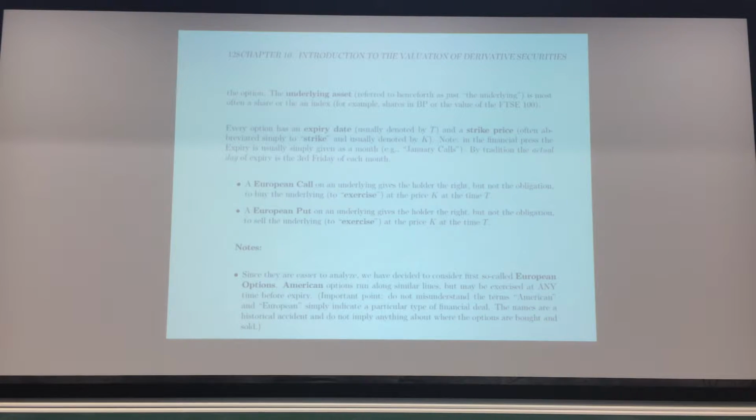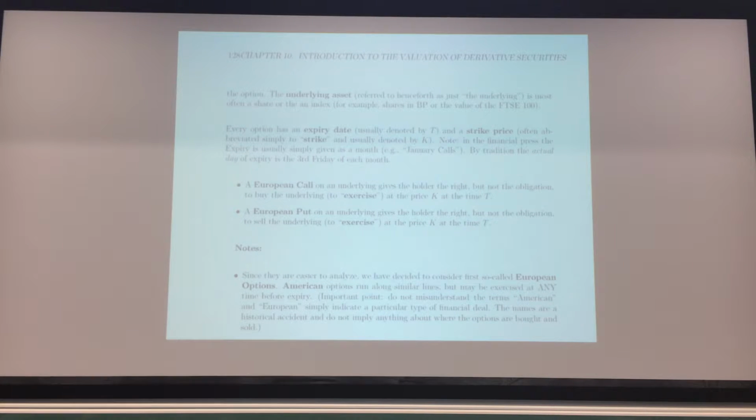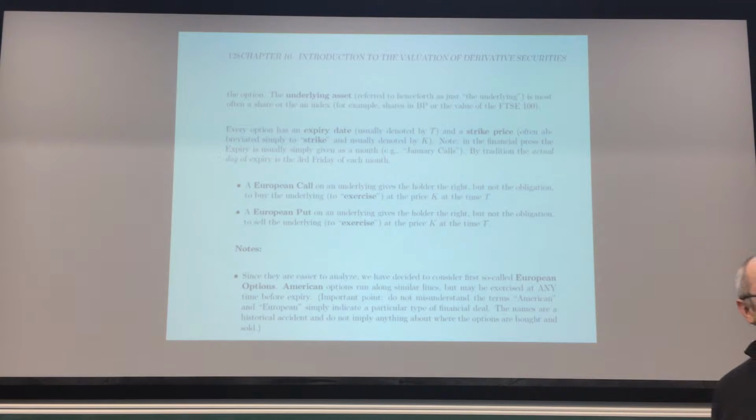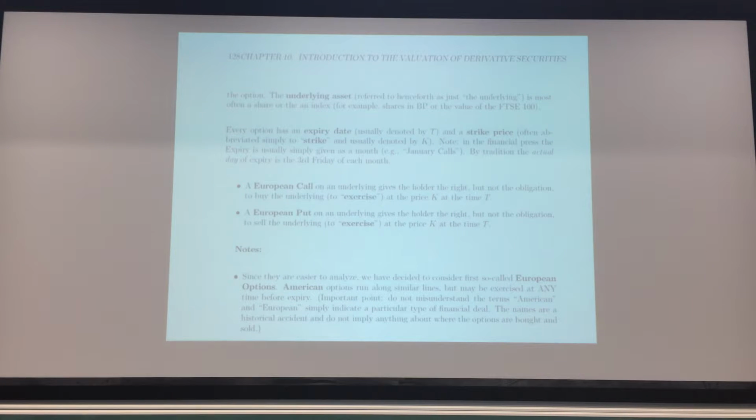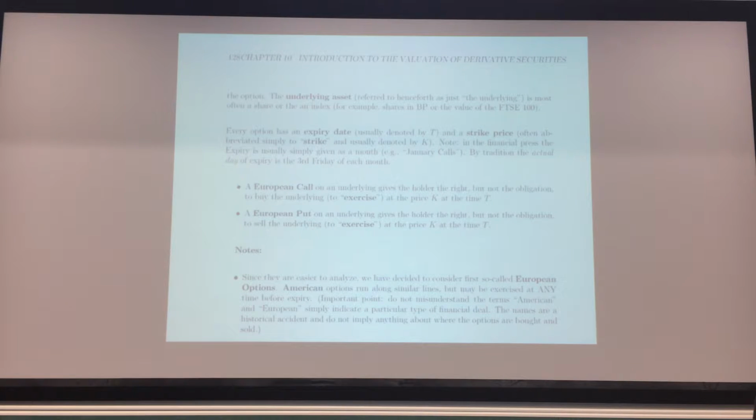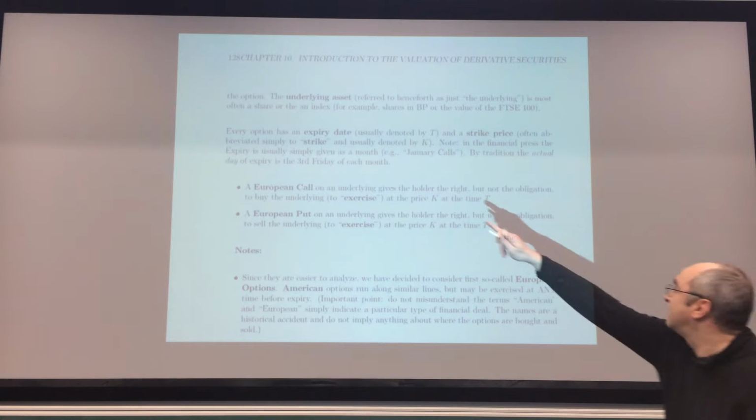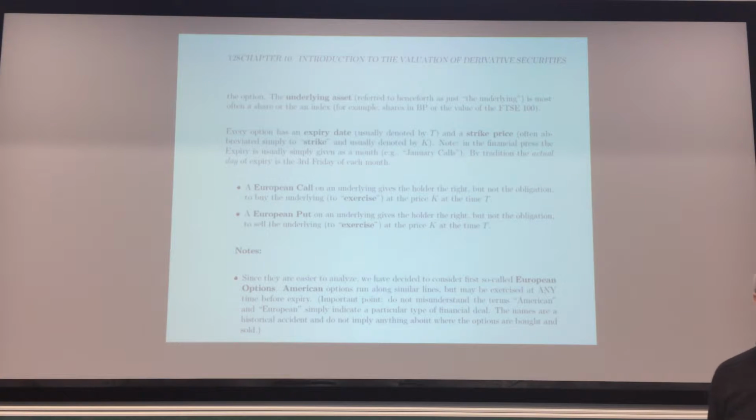If, though, my house in 10 years' time is only worth £200,000, you are not going to come to me and ask me to sell it to you for £300,000. You would be rather stupid to do that, because you could buy it on the market for £200,000. So under those circumstances, you choose not to exercise that option. You have the right, but not the obligation, to exercise.